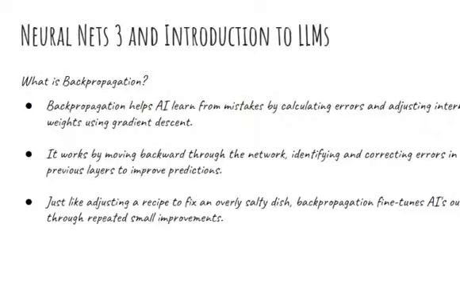Is the cheese too salty? Is the sauce too salty? Or did you over salt your pasta water? Yeah, so that's exactly what backpropagation does. It keeps adjusting throughout the hidden layers until the output layer is correct.